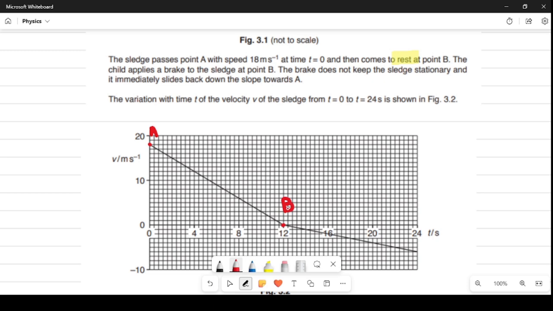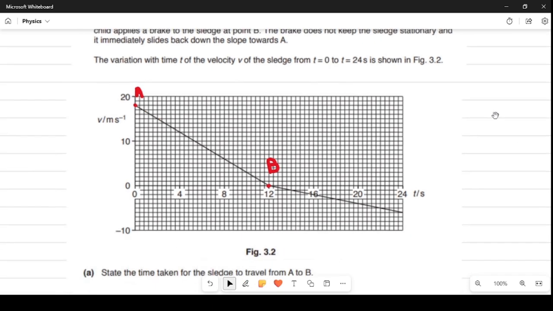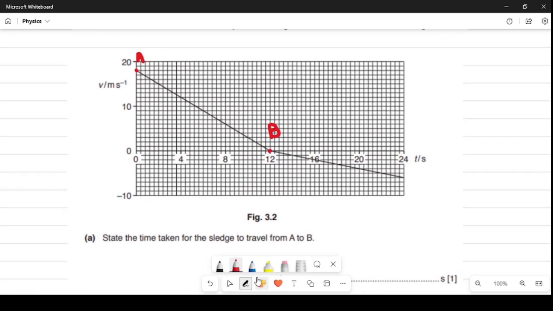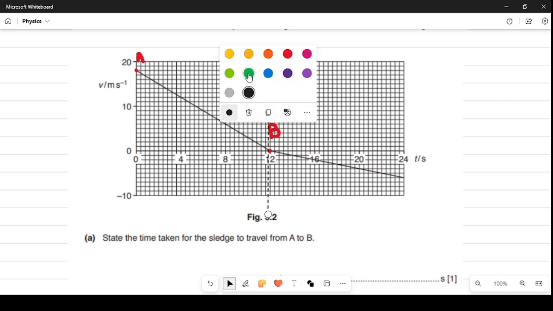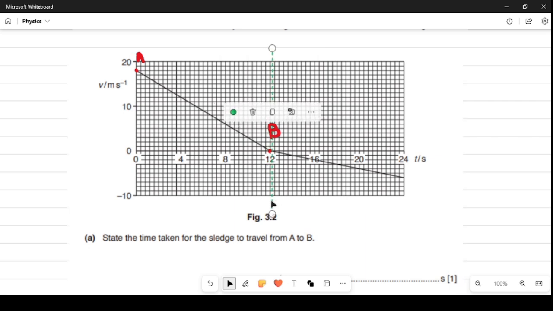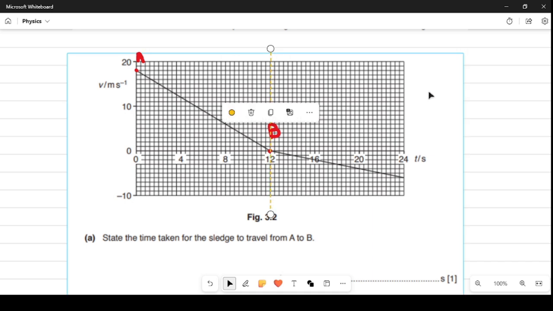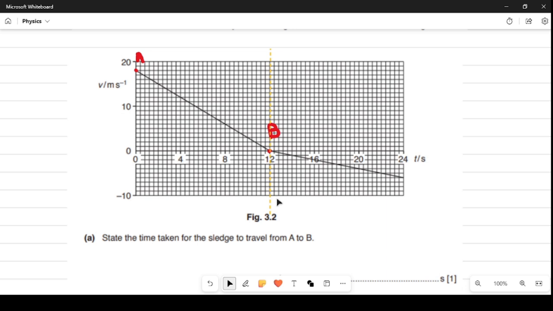And we also figured out that he will apply brakes at B. So let me use a line, this is the first part of the journey.